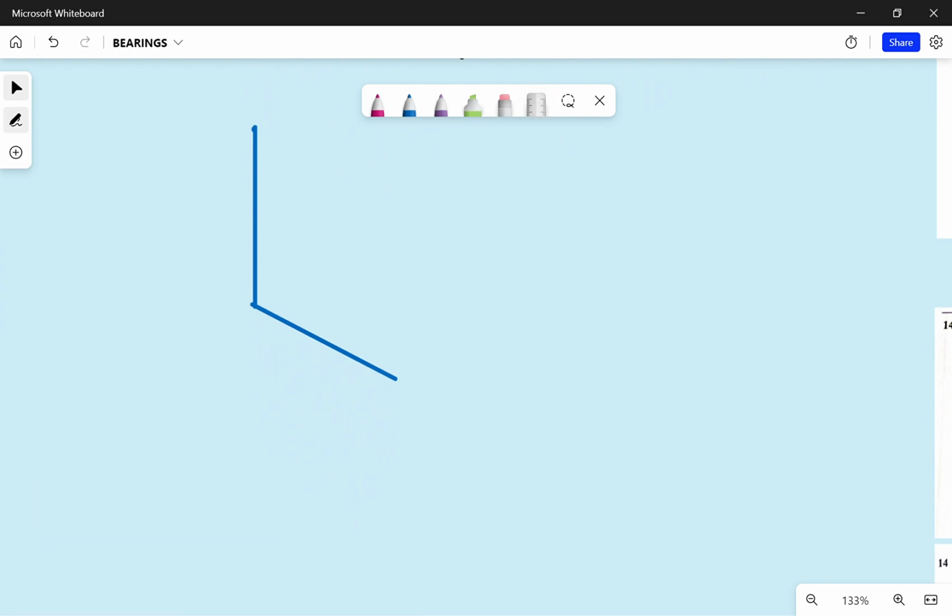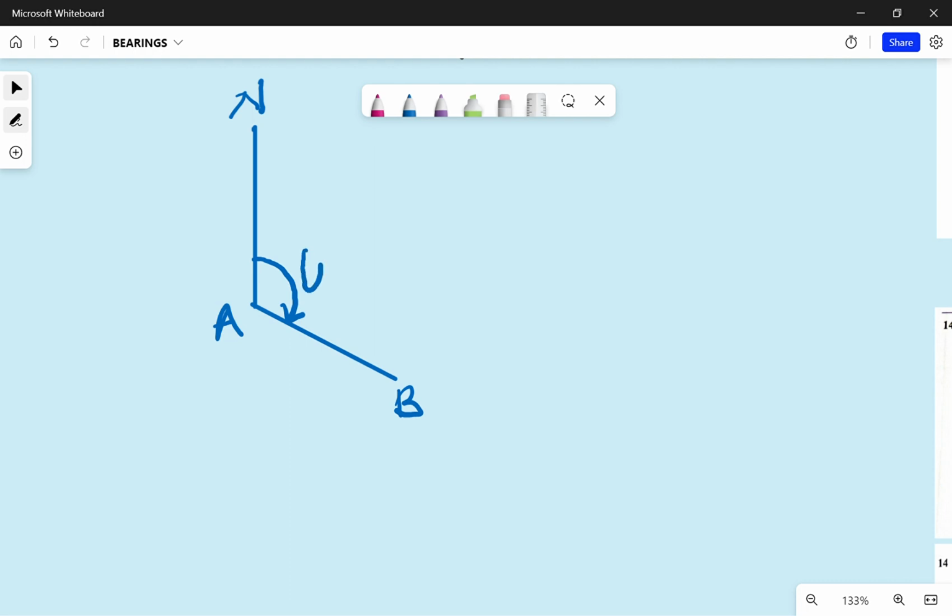So if this is my north, and then this is A, and then this is B. So we say from the north, clockwise from the north to the arm there.